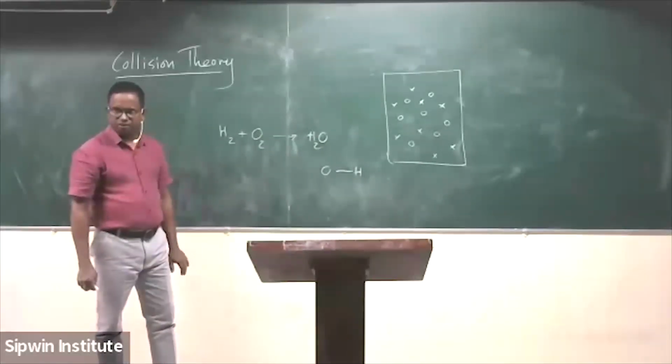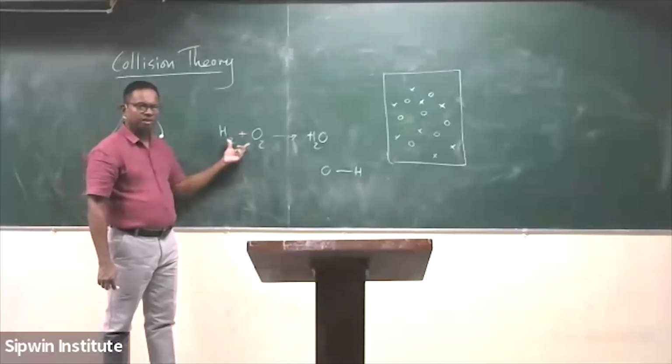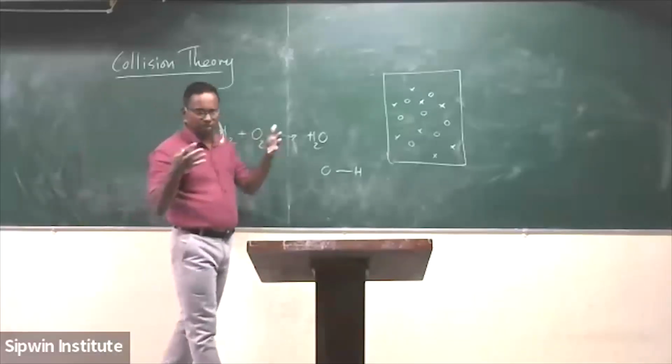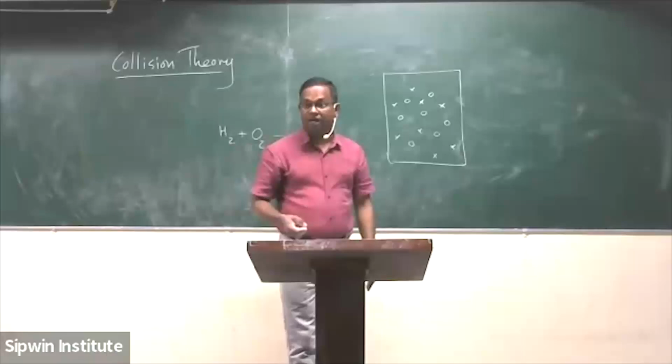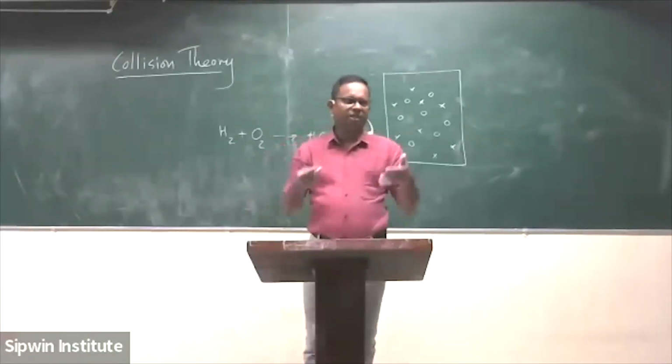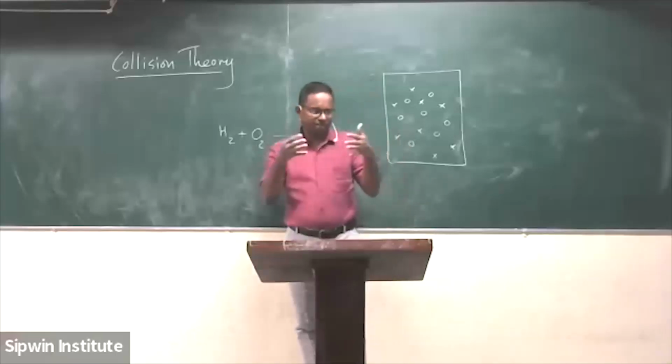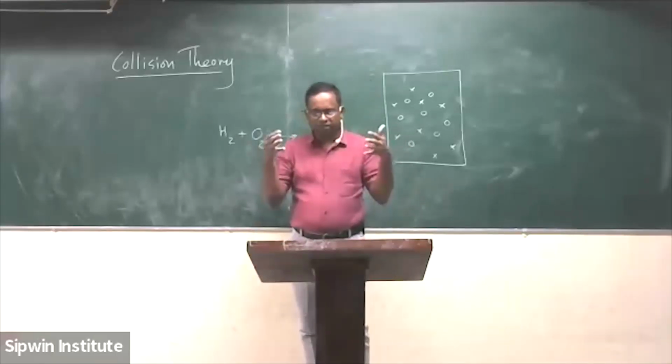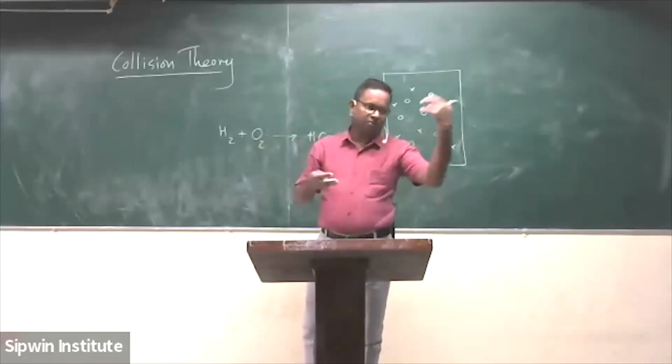So for that to happen, hydrogen and oxygen molecules have to collide with one another. Then when the collision takes place, some of the bonds break and some of the bonds are newly produced. With that, they pass into the product.